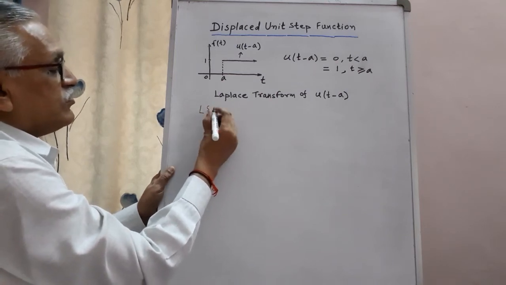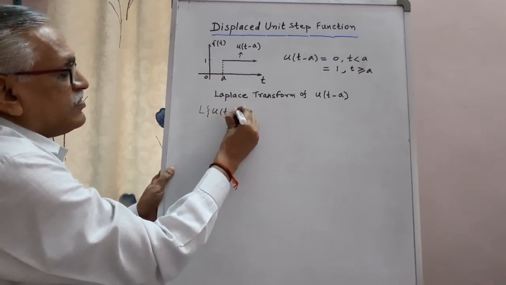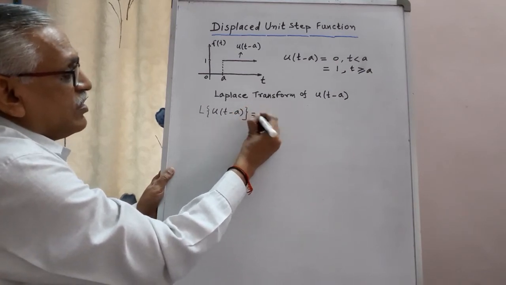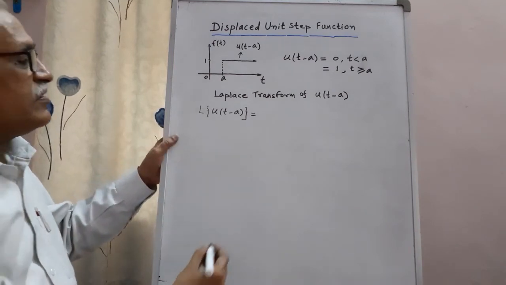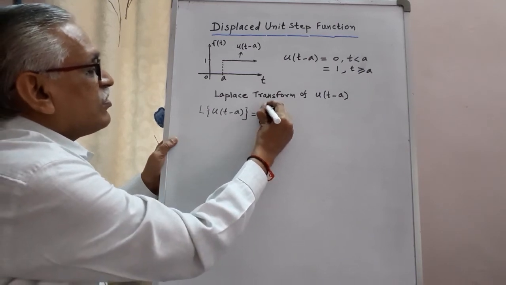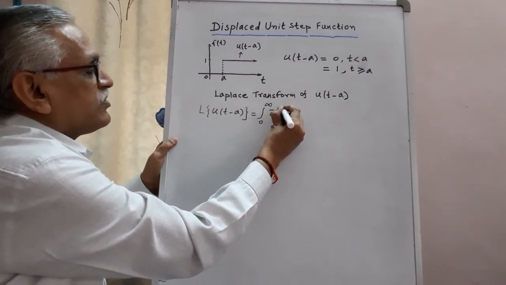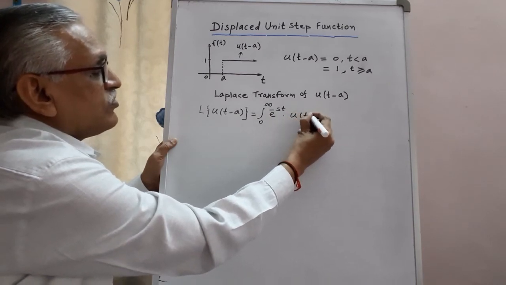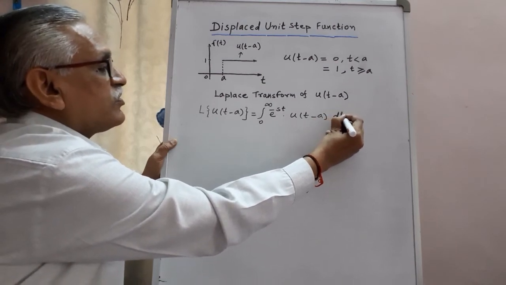Then we try to find the Laplace transform of U of t minus a using the basic or elementary definition. It is the integral from 0 to infinity of e raised to minus st into that function U of t minus a, with respect to t.